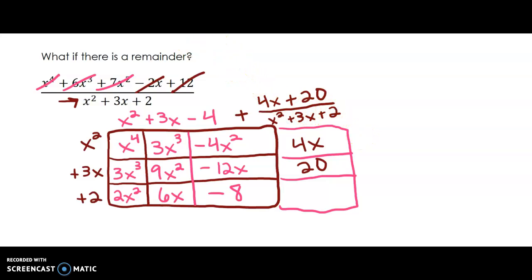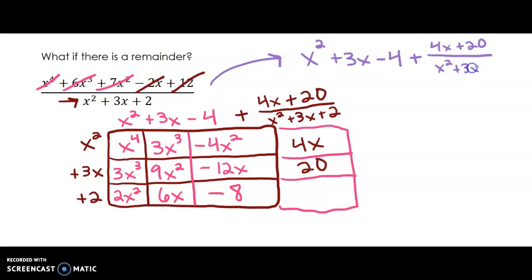And so when we are doing this division here, our final answer, just to write it again one more time a little bit neater, is x squared plus 3x minus 4 plus our remainder, which is 4x plus 20 all over x squared plus 3x plus 2.